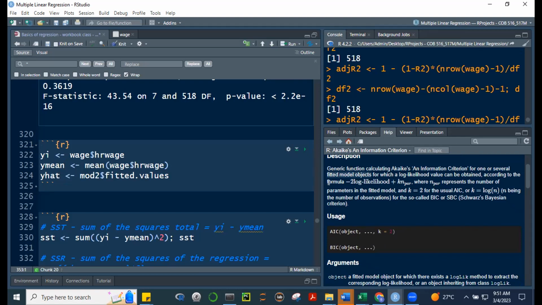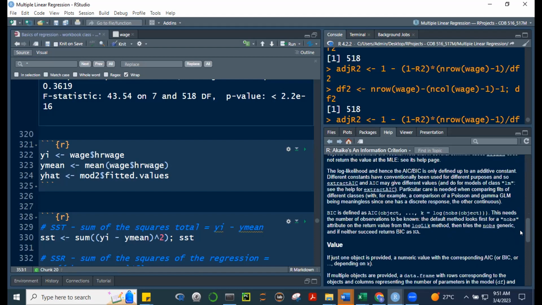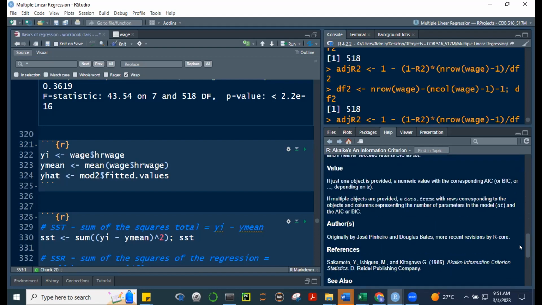Okay, and the format that it uses is ito. We're not going to look at this. Where n par refers to the number of parameters in the fitted model. Meron ding SBC. So it comes up with a measure.